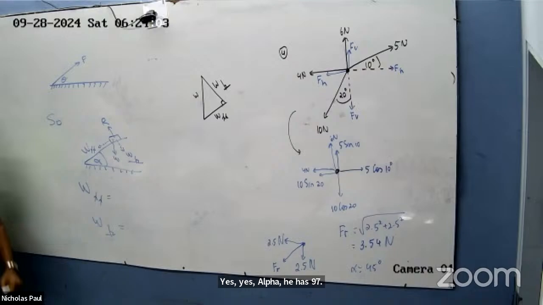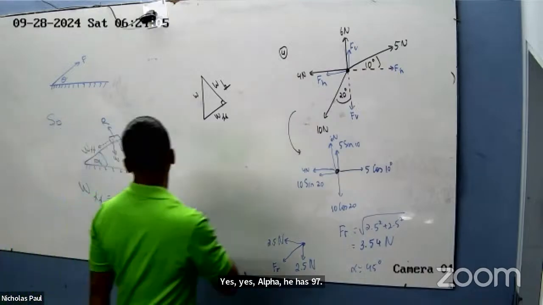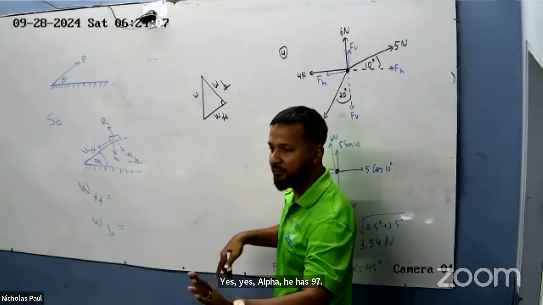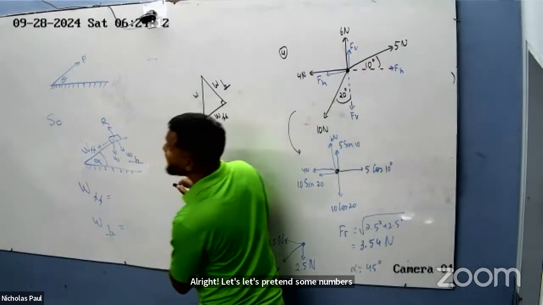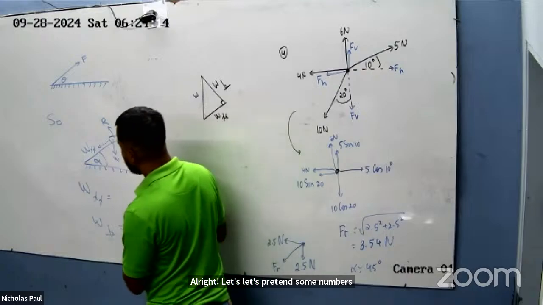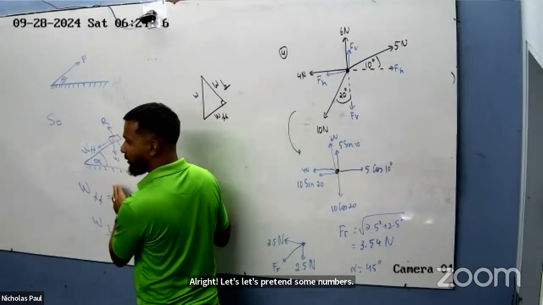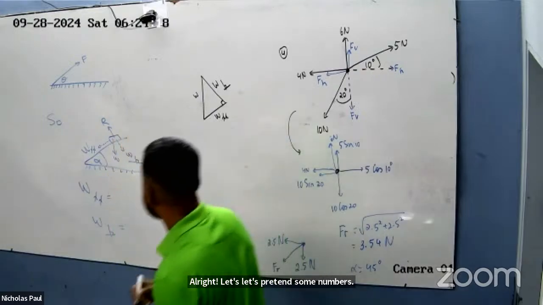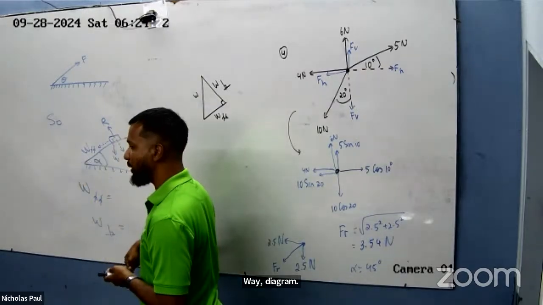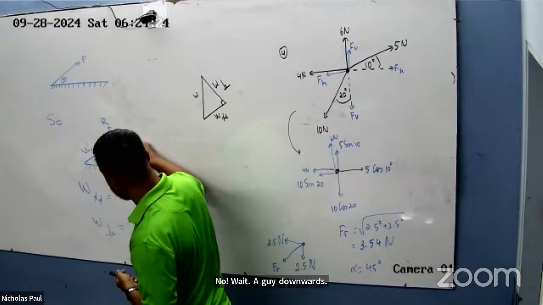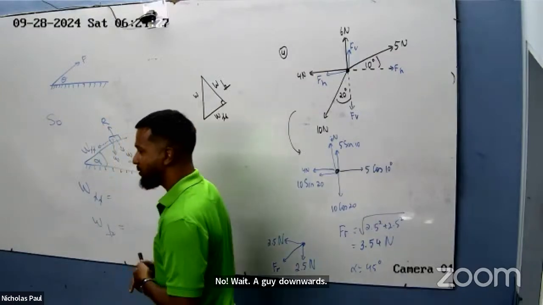Consider that. Let's pretend in some numbers. The weight acts vertically downwards. Perpendicular means perpendicular to this plane, right?